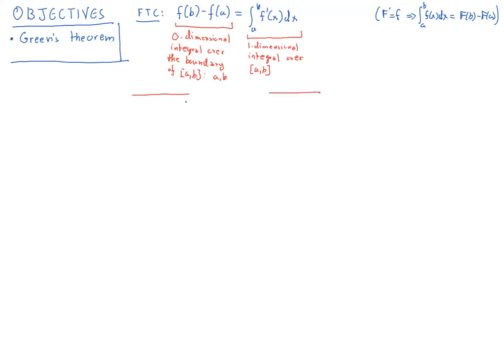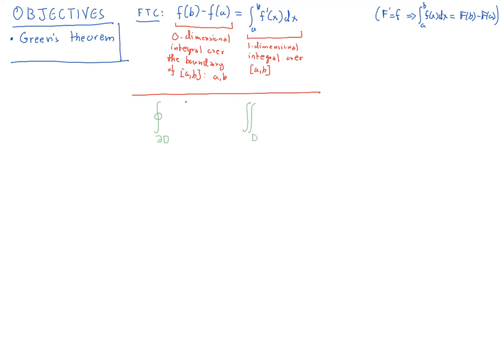If I want to make the analogy perfect here, I will have a one-dimensional integral on the left, which will be over the boundary of a domain. I remind you that with partial D, we denote the boundary of the domain D. And on the right-hand side, I'm going to have a double integral.